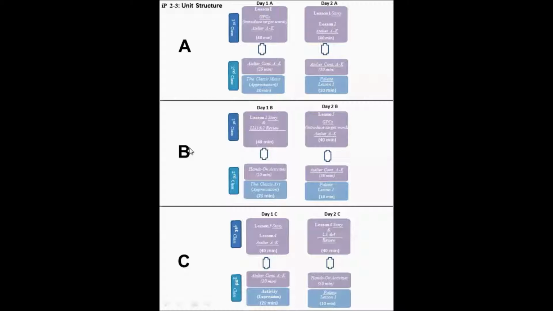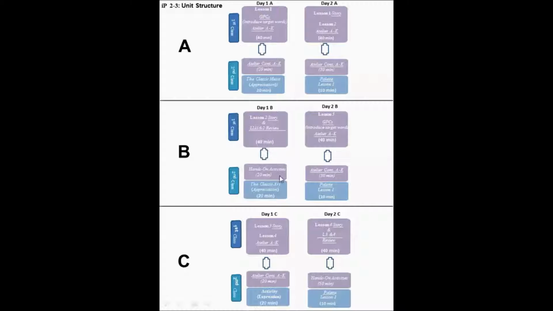Now looking at B here, day 1B, we're going to study lesson 2 story. As a reminder, we studied lesson 2 in the atelier. Now we need to do lesson 2 story. After the story, we will do a review of lesson 1 and lesson 2.